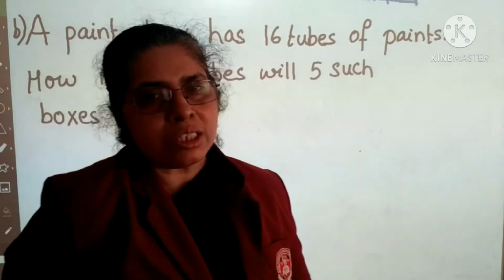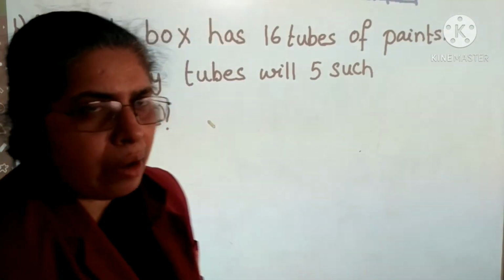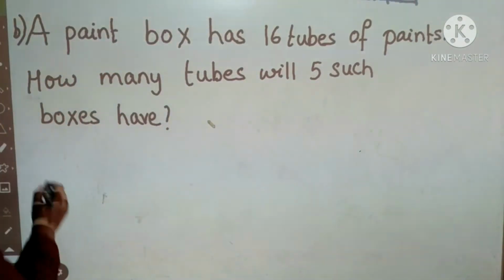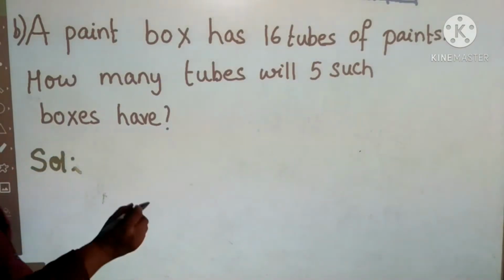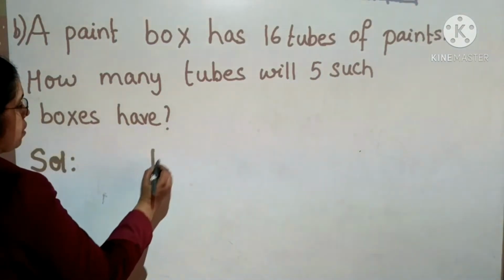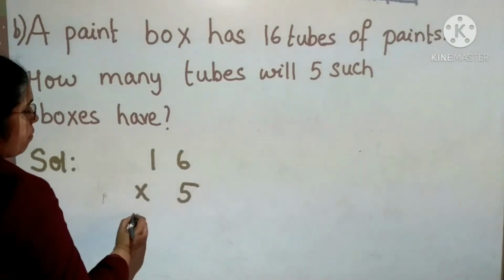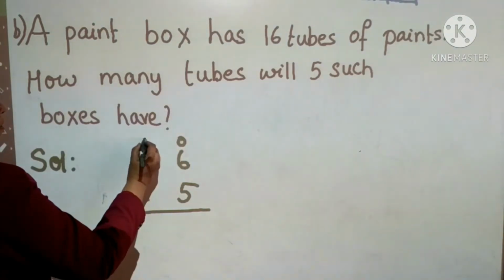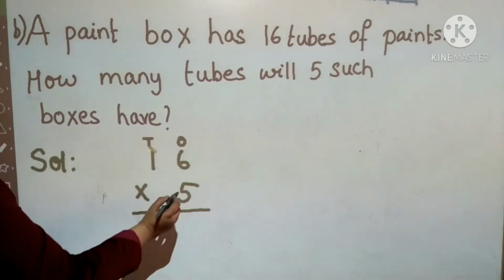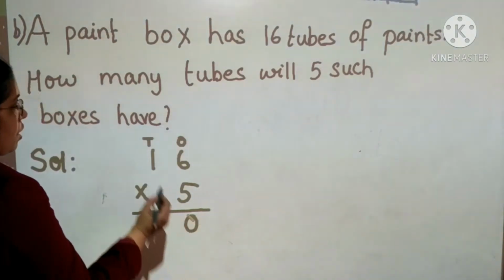One paint box has 16 tubes, so 5 paint boxes, but we have. So what you will do? 16 multiplied by 5. 5 sixes are 30.